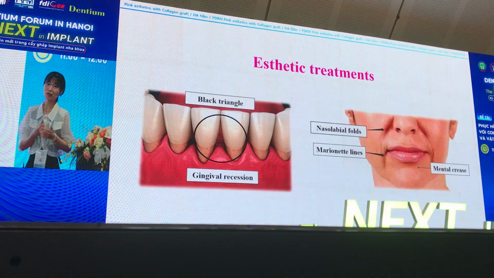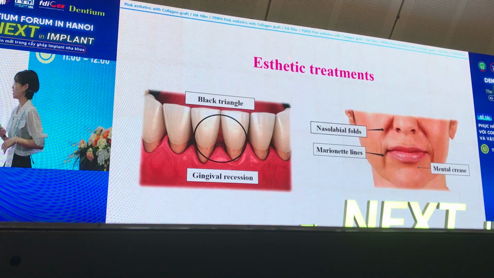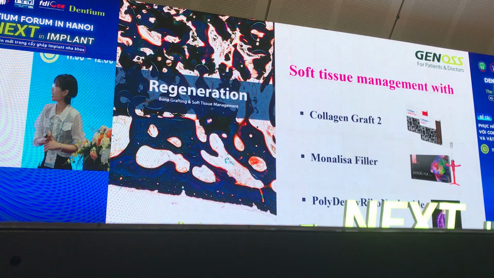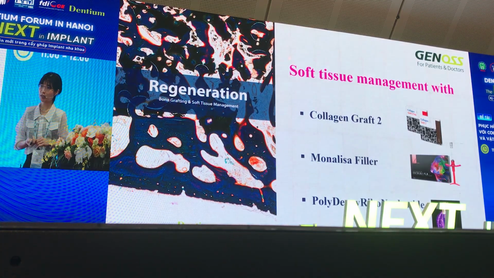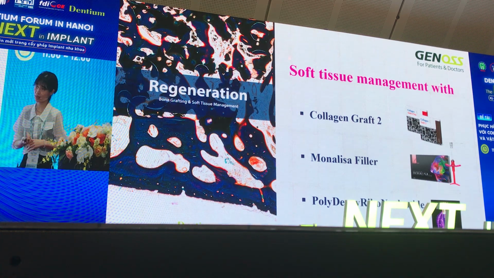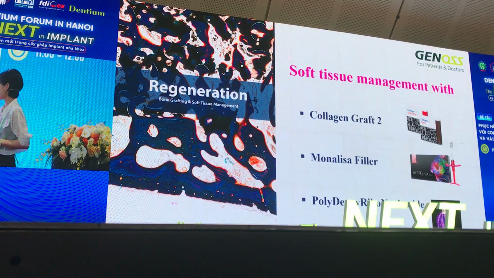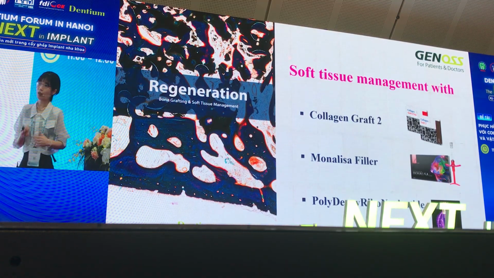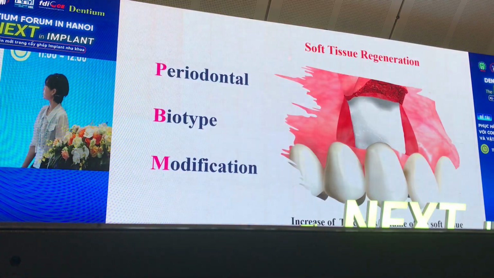So nowadays I try to do aesthetic treatment in my clinic. I would like to share my clinical data and research data about soft tissue management with Collagen Graft 2 and modern fillers and PDRN, which are produced by the genus in dentistry.